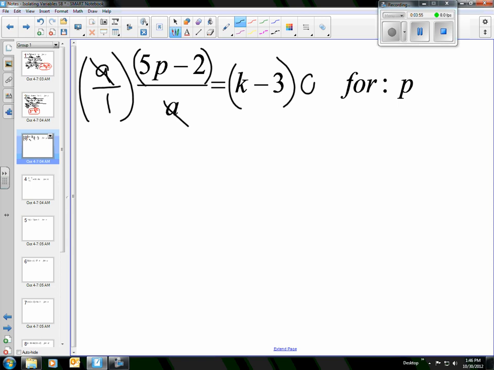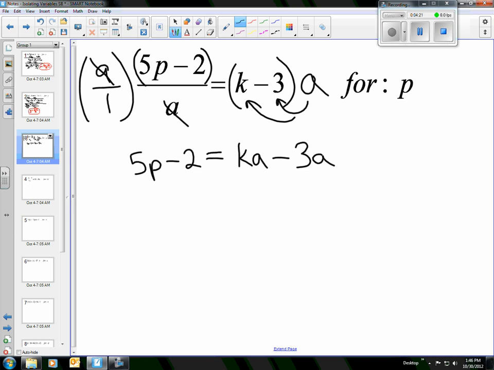So really what I want to do is create a set of parentheses there and use the distributive property to multiply the a times everything inside the parentheses. Okay, so on the left side, we'll be left with 5p minus 2 equals, here, if I distribute the a, I'll get ka minus 3a.